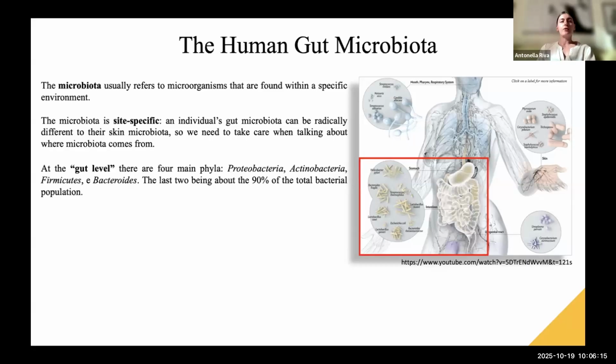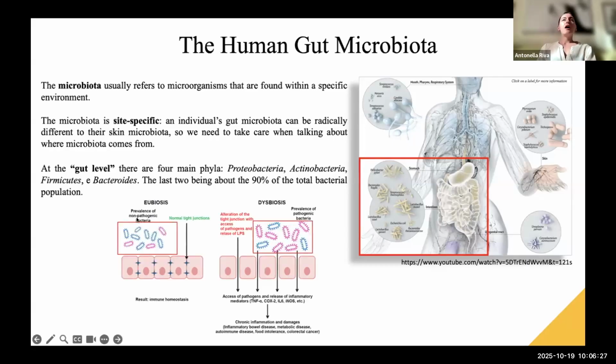The Firmicutes and the Bacteroidetes, which you may be aware of, are about 90% of the bacteria in the gut. When all these bacteria live well with each other, the condition is called eubiosis. They are producing locally some substances which are beneficial for the host.